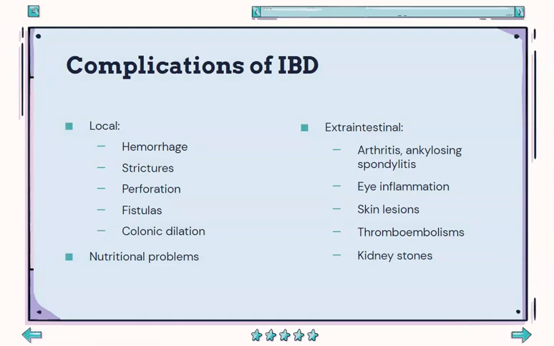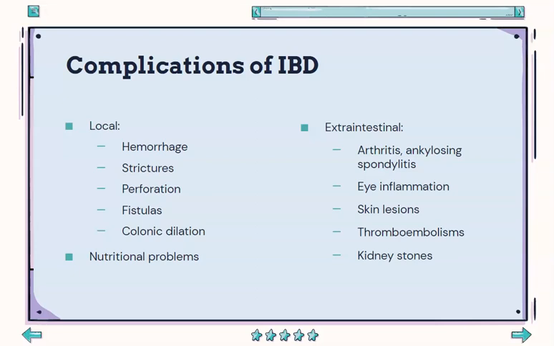So again, complications, we're looking at hemorrhage, strictures, perforations, possibly fistulas. Like I mentioned with Crohn's, you can end up with a fistula between the GI tract and the urinary tract, for example. If we have enough of a stricture and impending bowel obstruction, then you have colonic dilation proximal to the obstruction.